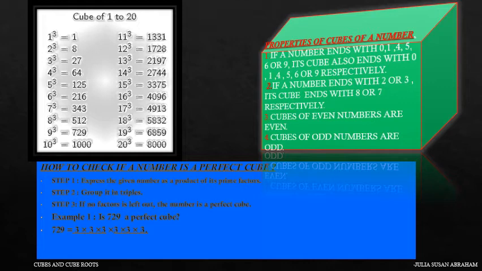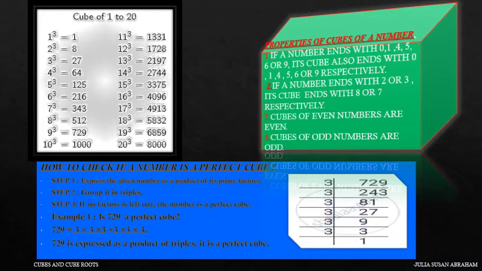When you group it in threes, you can see there are 2 groups possible. Now, it's expressed as a product of triples. So we conclude that it is a perfect cube. Is it clear?